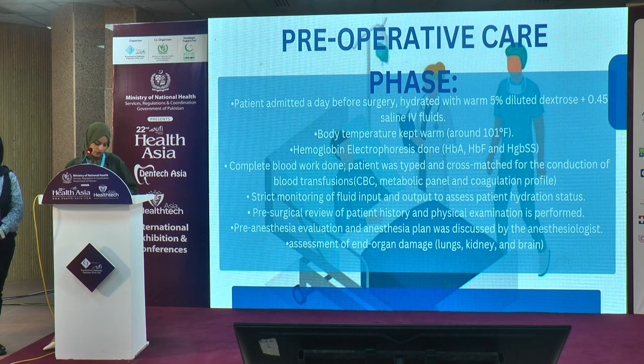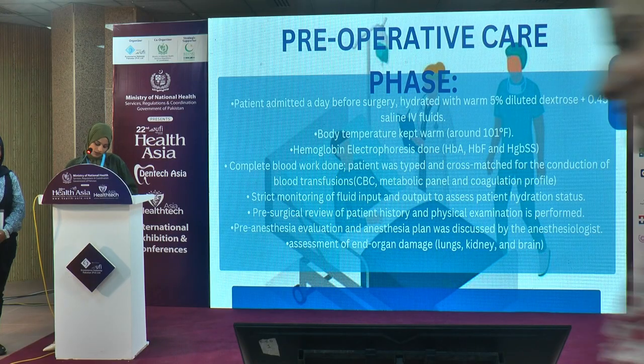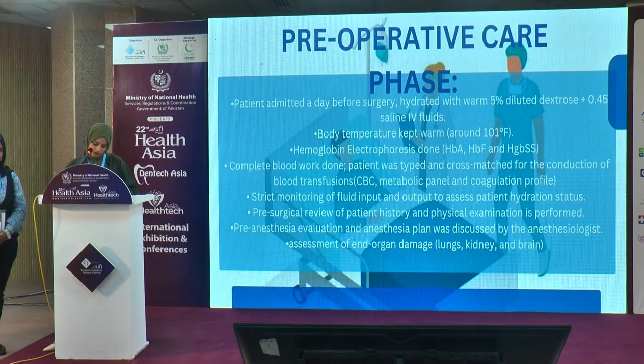Hemoglobin electrophoresis was done to check the levels of hemoglobin A, fetal hemoglobin, and the sickle cell hemoglobin. Complete blood work, including CBC, metabolic panel, coagulation profile, and the cross-matching for transfusion was done.